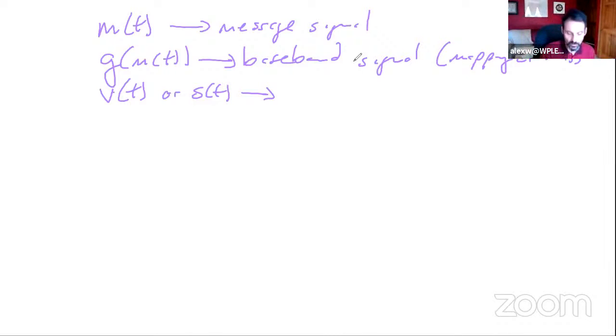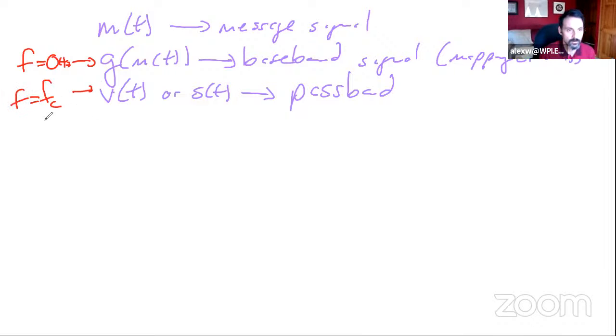Very important: this is passband. Very critical. The baseband signal is centered around 0 hertz, and the passband signal is centered at some carrier frequency that is not 0 hertz, right?